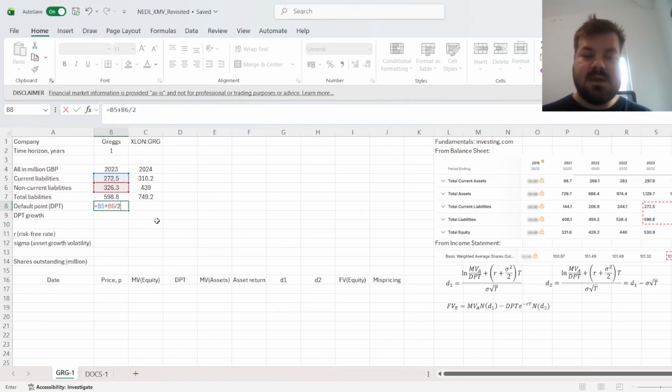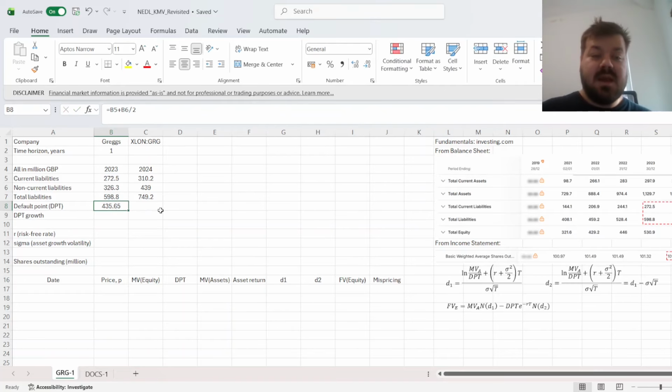It's less urgent to pay it out because it's long-term, and therefore it, as a rule of thumb, goes into the default point calculation as divided by 2. Again, it's arguably quite simplistic, but it is a good assumption to make, treating current liabilities as more severe, more urgent, and more impactful in terms of probability of default.